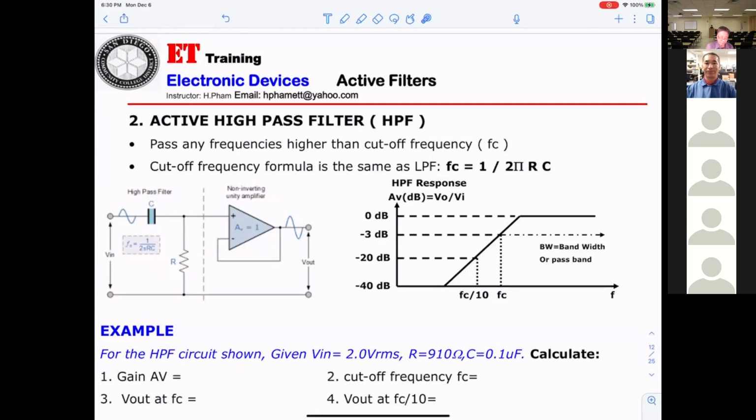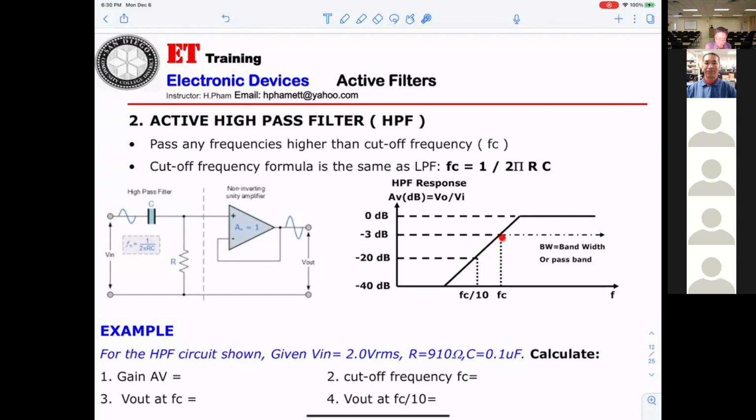And if you're looking at the output of the high pass filter, basically this is the mid range. Input and output will be the same.